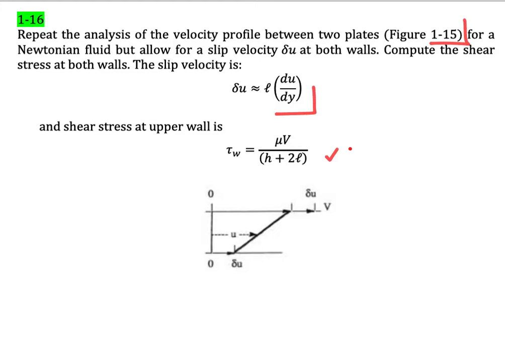Okay, and then if you want to draw a velocity profile, how could you draw a velocity profile with slip velocity? For no slip velocity, the velocity is stick very hard on this surface. And because this velocity also sticks very hard on the surface, but it moves along the surface because the surface is moving, it could create a velocity distribution like this.